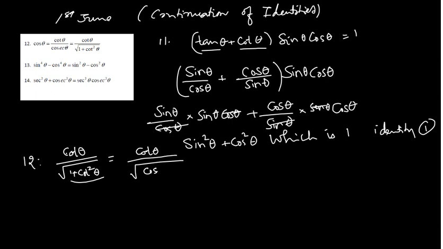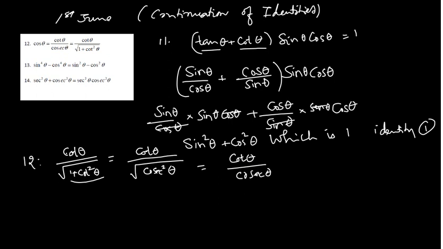Then the square root and the square give me cot theta over cosecant theta, which is the middle one. So now we have to prove this in turn equals cos theta.